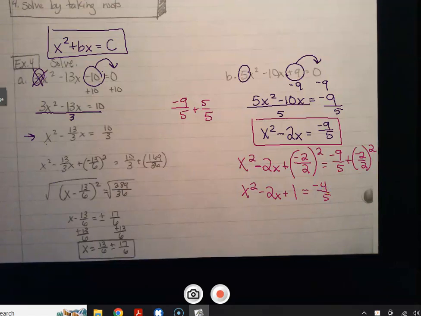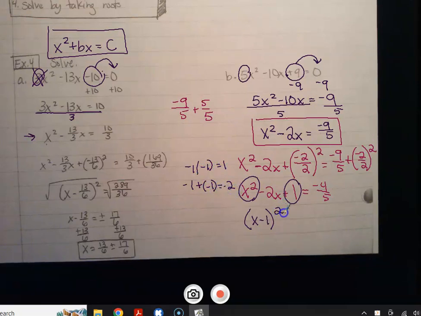So we're looking at the x squared. That's not a perfect square, and the 1, you could have negative 1 times negative 1, but it's not really. It's negative 1 times negative 1. But it is going to be x minus 1, because negative 1 times negative 1 is a positive 1, and negative 1 plus negative 1 equals a negative 2.